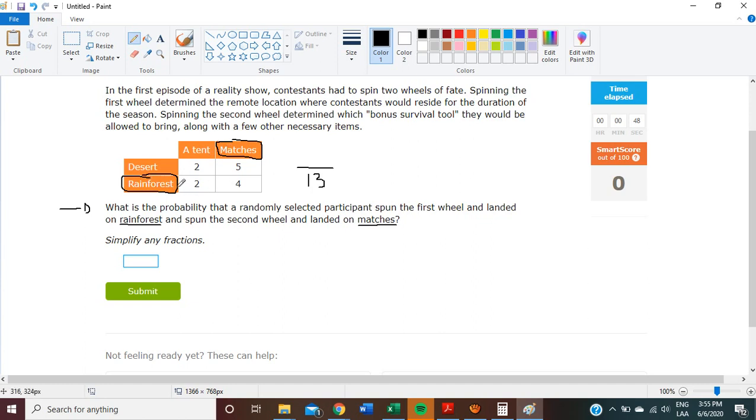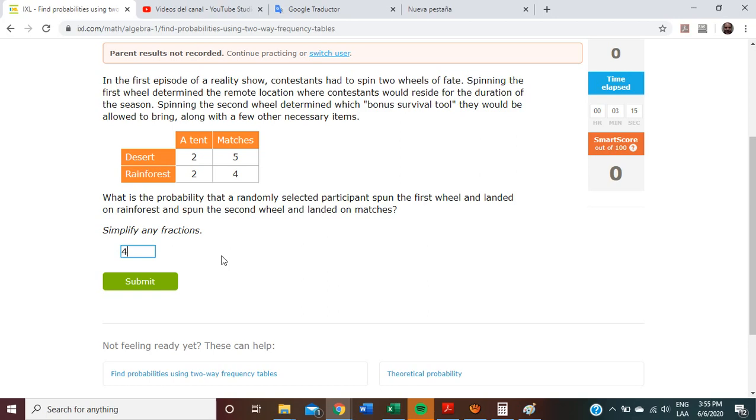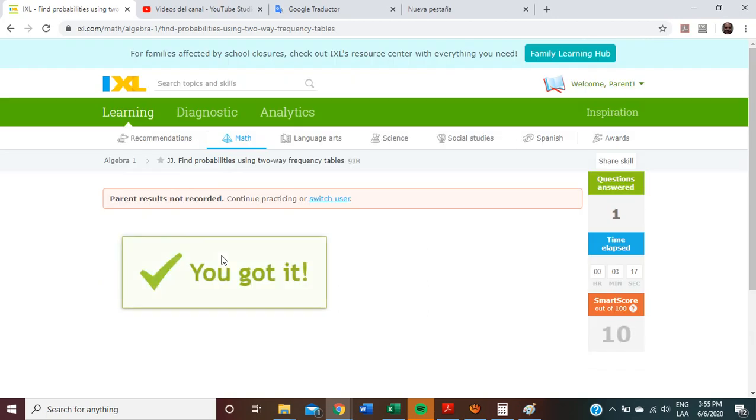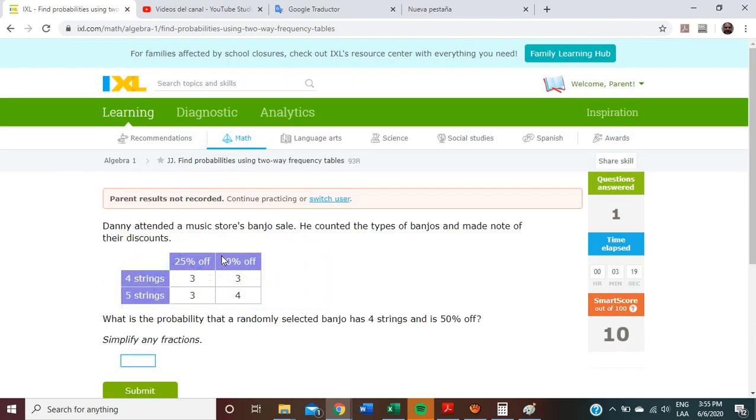Okay, so if we follow these lines, we are going to get to this number, which is number 4. So this is the answer, 4 out of 13. Okay, so this is what we're going to write right here. So we write that number 4 out of 13 and we have a correct answer.